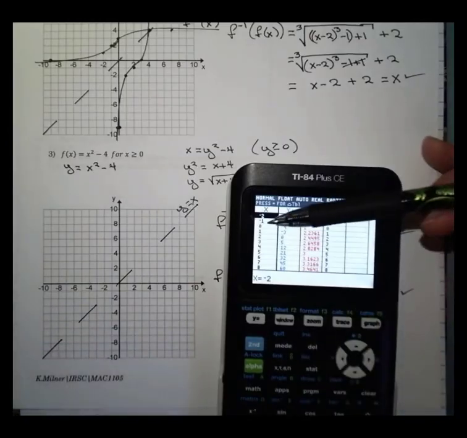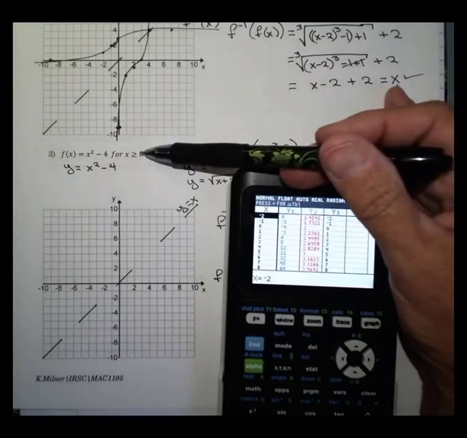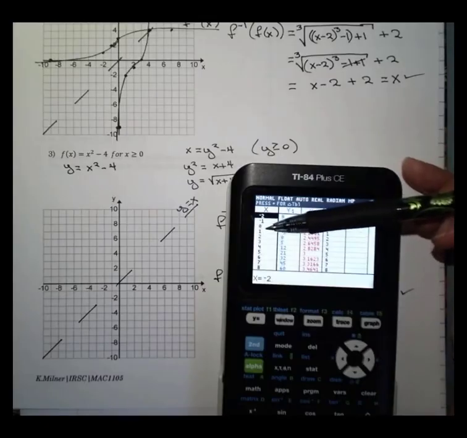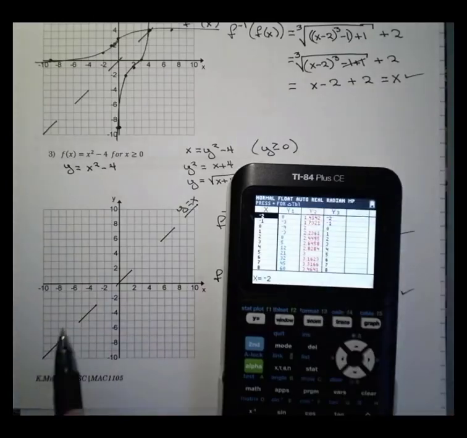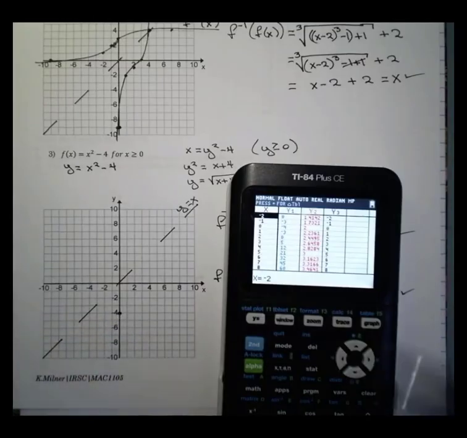But then I remember I can't have any x's on this function that are smaller than 0 because it was restricted to x is greater than or equal to 0. So let's start with x of 0 and find out what that is. It looks like it's 0, -4. This is on my f of x function, 0, -4.